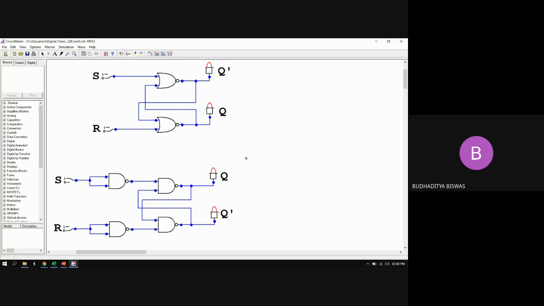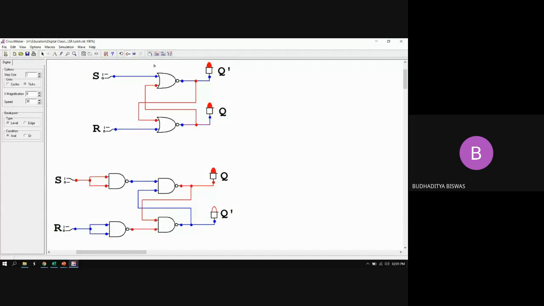Is it correct or wrong? Sir, wrong. Very good. Because Q and Q bar should not be at the same state, because Q bar is the complement of Q. If one becomes 0, the other definitely becomes 1. If they come at the same state, there is some problem in the design, and we should avoid this state. Now let's see how the data is stored.